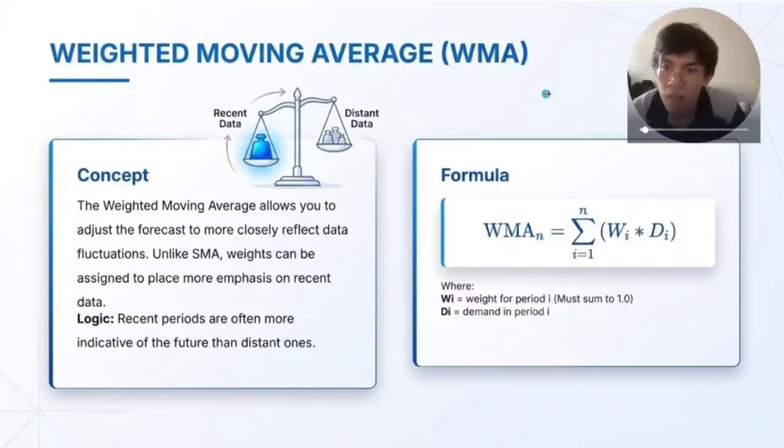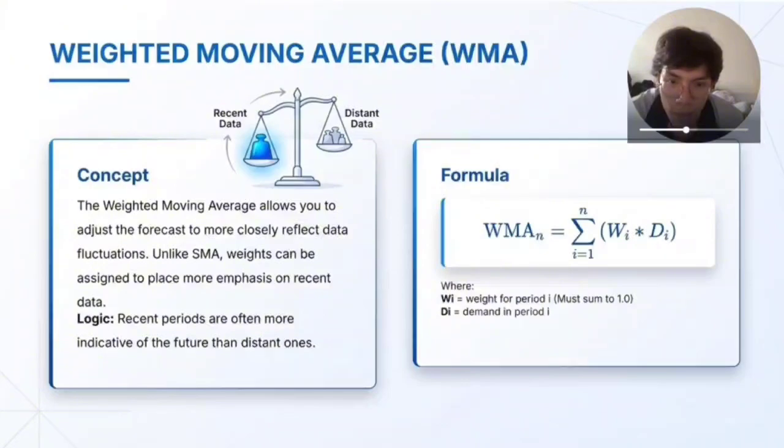Next, we look at the weighted moving average, or WMA. The main idea of WMA is that not all past data should be treated equally. Recent data usually gives a better indication of future demand. So WMA allows us to assign higher weight to the most recent periods.